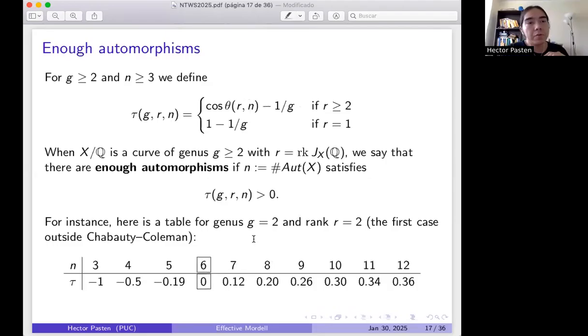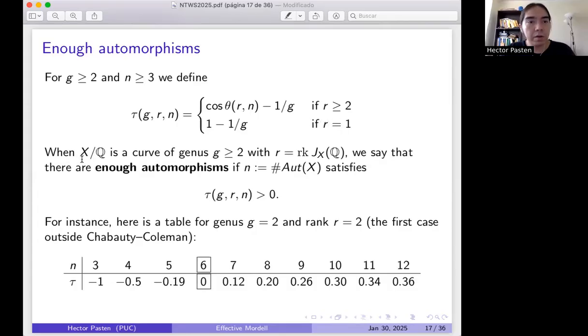Good. So what do we mean by enough automorphisms? You take a genus g at least 2, a number little n at least 3, and tau is going to be defined as cosine of the previous angle minus 1 over g if r is at least 2, or just 1 minus 1 over g if r is equal to 1.